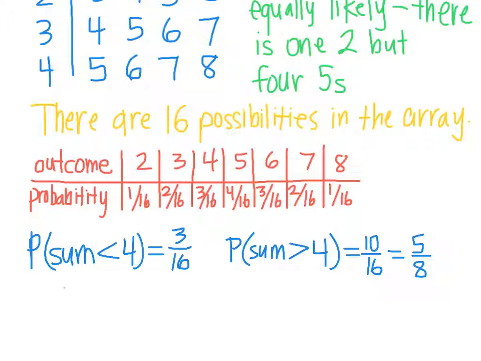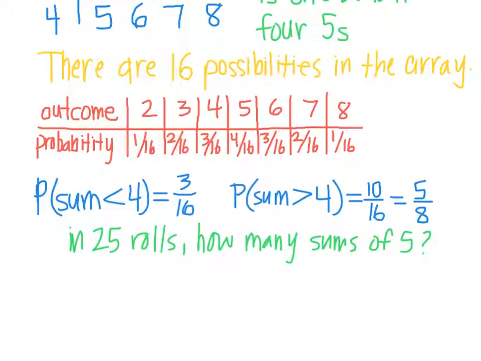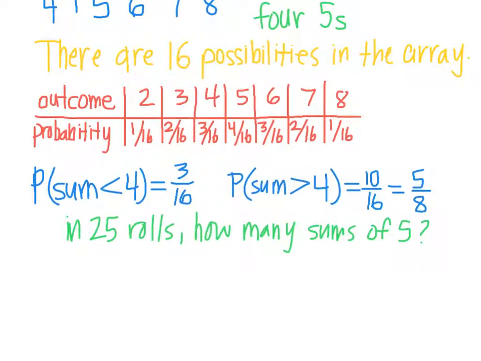So in 25 rolls, how many sums of 5? So we use the sum of 5, which is the 4/16, and set up a proportion with how many out of 25.